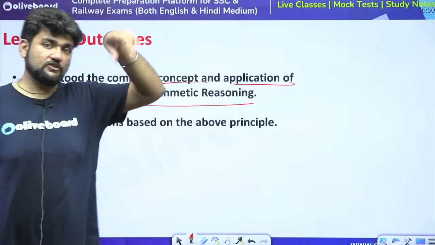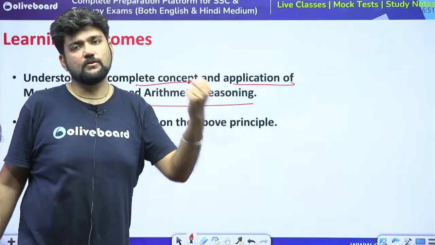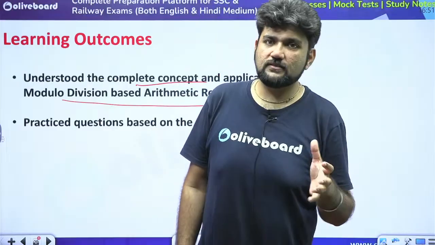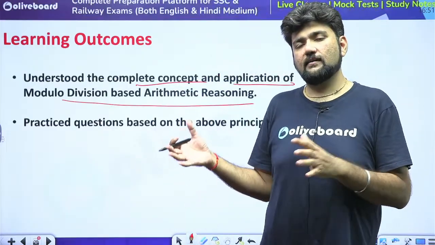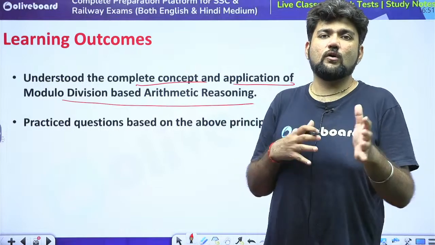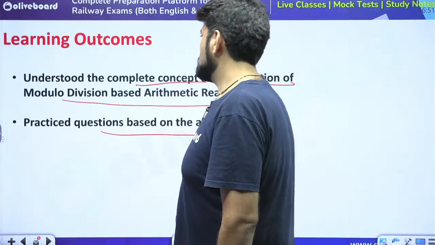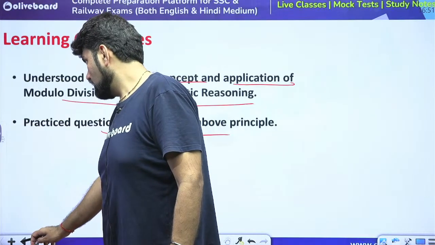Maybe the initial ones which were easy to solve. Okay. But we have learned some new concepts, some new tricks and some short tricks and some properties with which we can decide when to apply what, when to not apply that, so that we can make it fast or slow according to our requirement. And we practiced some questions based on the principle today. So our outcomes are these and we have matched our agenda.